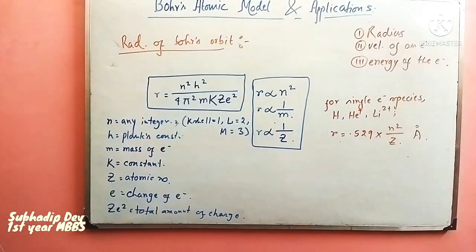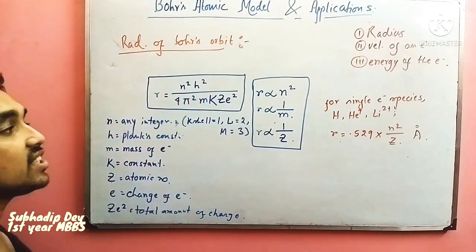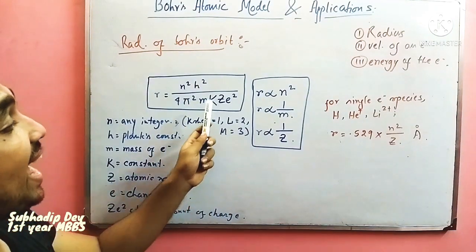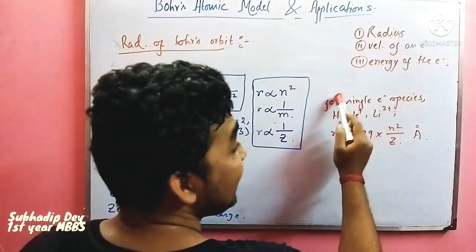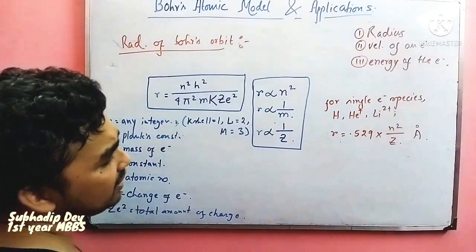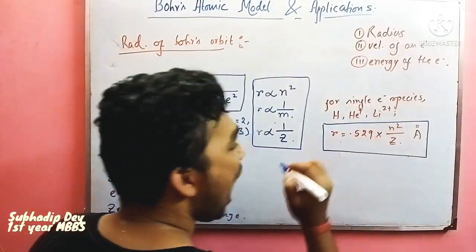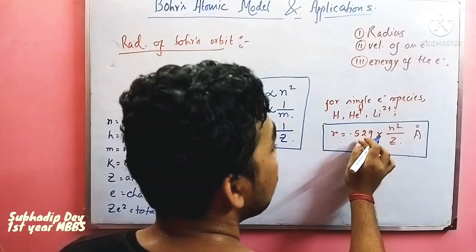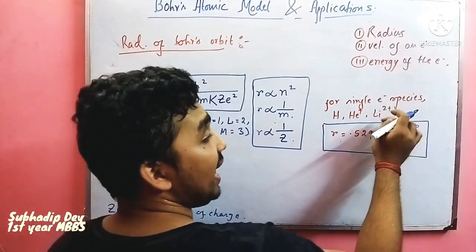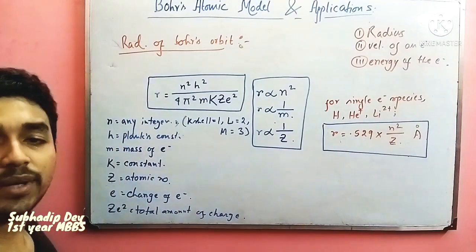Putting all the values for h square, 4 pi square, m, k and e square for a single electron species, we come to this conclusion, that is, radius r equals 0.529 into n square divided by the atomic number.